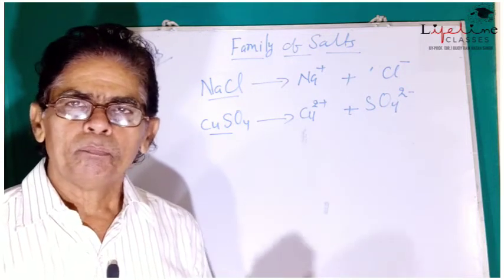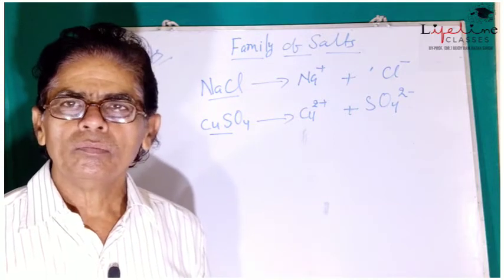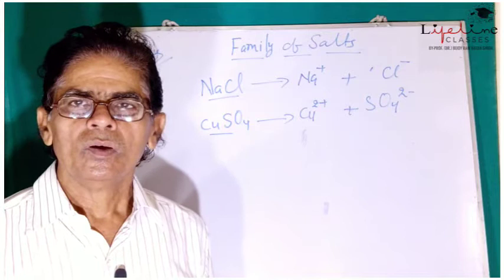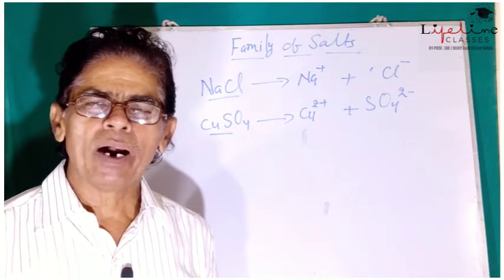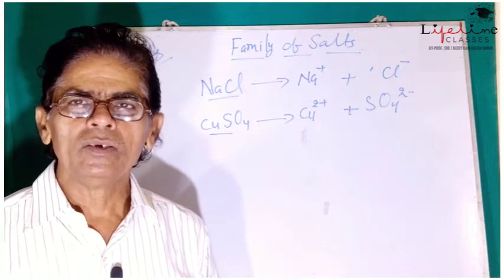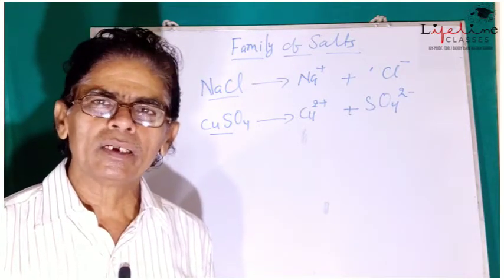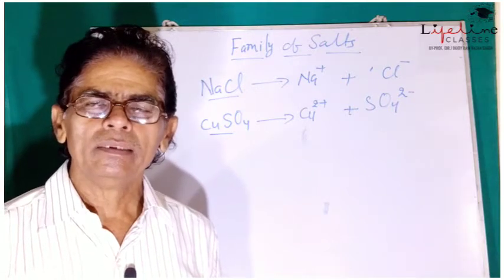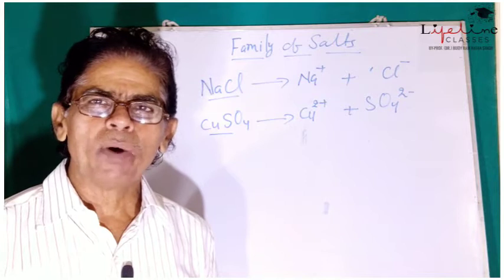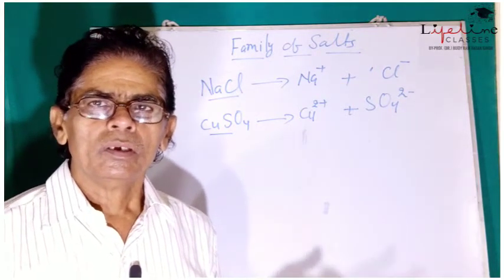Cationic parts are derived from the base, whereas anionic parts are derived from acids. That is why cationic parts are also called basic radicals, and similarly the anionic parts are called acid radicals.